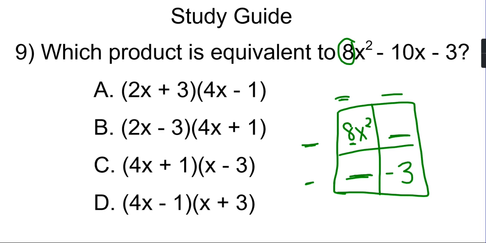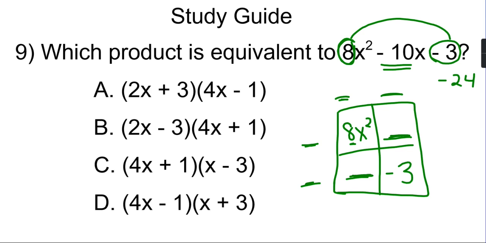So the product of these two numbers is that 8, and the product of these two numbers is -3, and we had to multiply that, okay? We call those our headphones, okay? So we had to multiply those two outside numbers. In this case, it's -24, and now we're thinking of factors for that number that also add up correctly for our x terms, which in this case have to add up to -10.